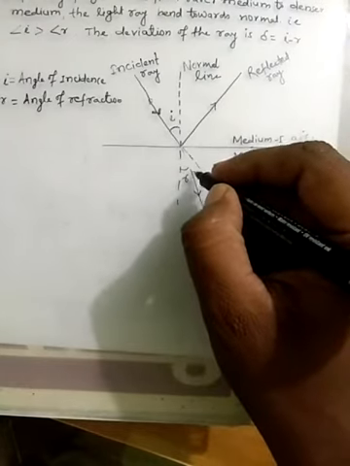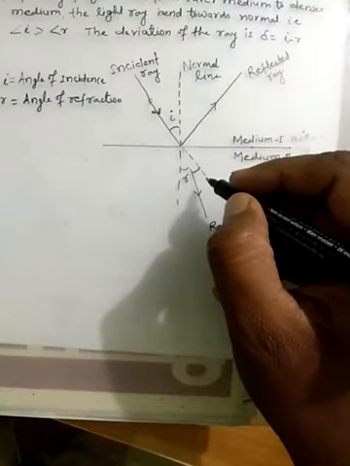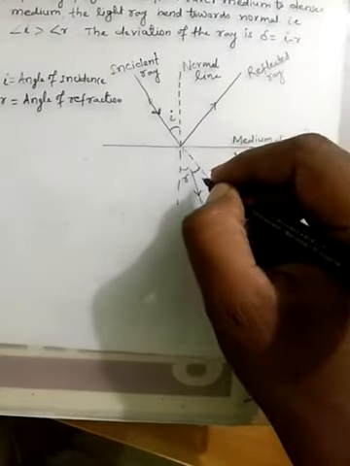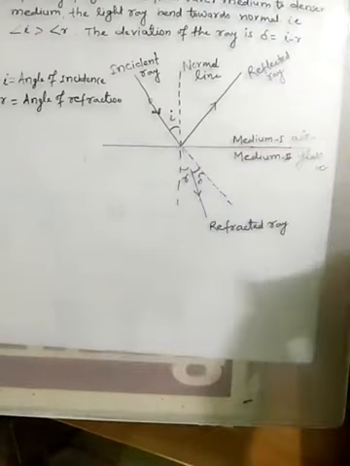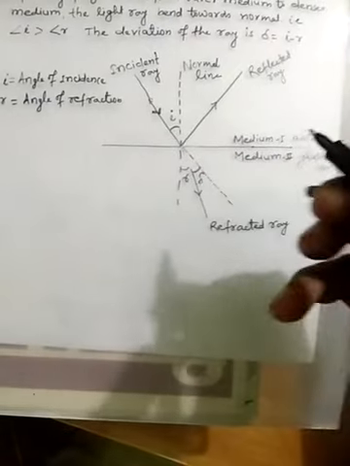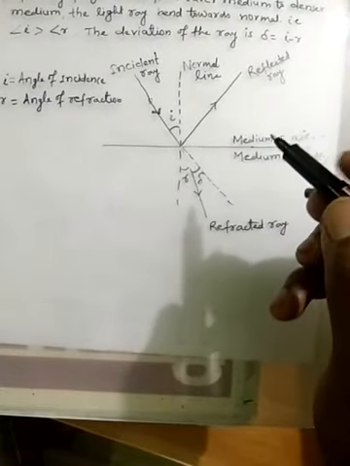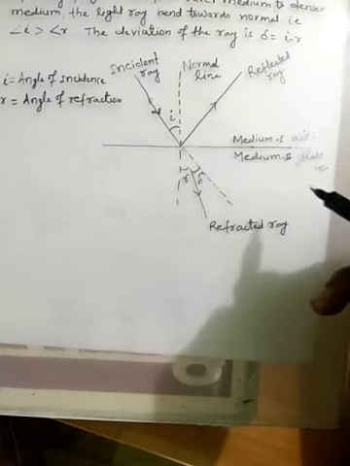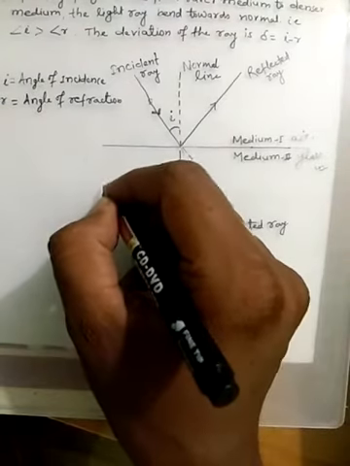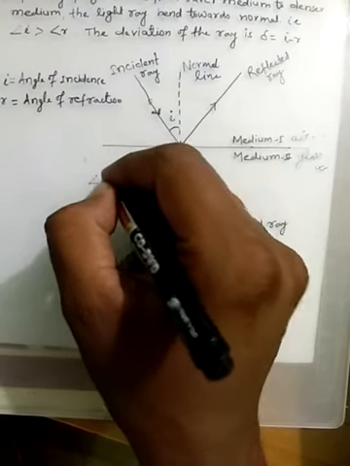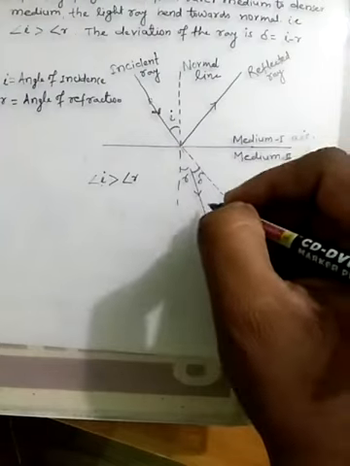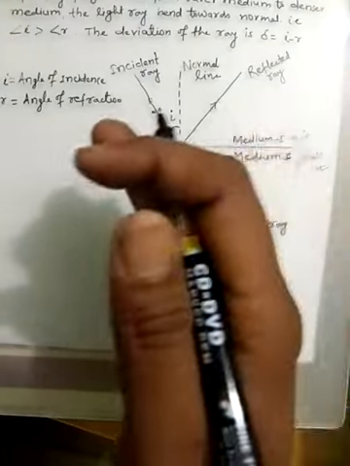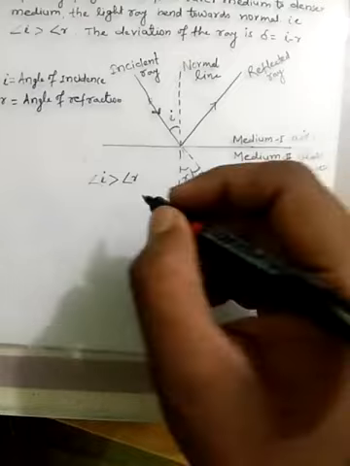That is, there is a deviation in the angle of the refracted ray. This deviation angle is represented as delta. In this case, if light rays pass from a rarer medium to a denser medium, angle i will be greater than angle r, because the light ray bends towards the normal.